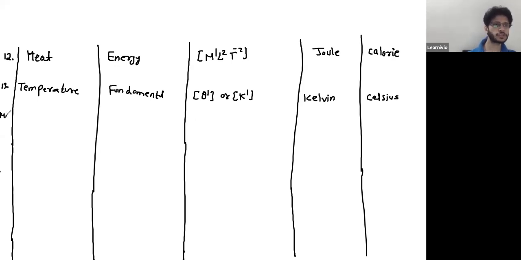After temperature, the next quantity is specific heat. We represent specific heat with small s.